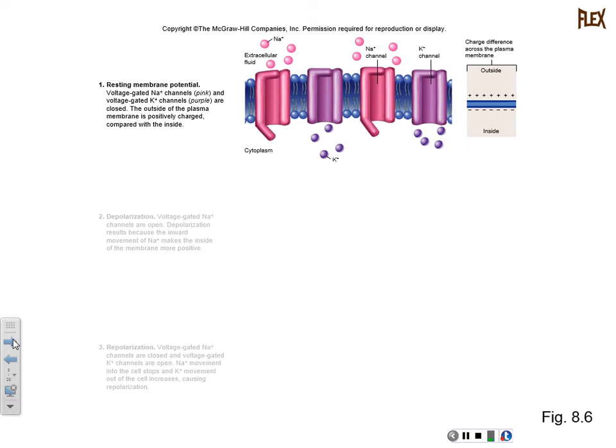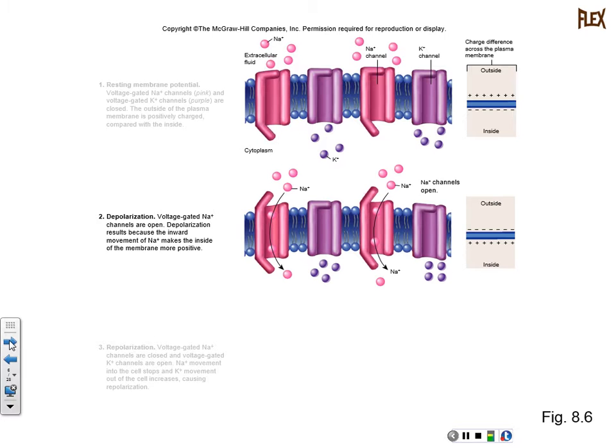At the end, we have to use the sodium-potassium pump to change the concentration again to resting membrane potential, where you have more sodium outside and more potassium on the inside, because the sodium-potassium pump will pump 3 sodium outside and 2 potassium to the inside. All right. So at rest, you have the inside more negative, the outside more positive, right? We haven't stimulated the voltage-gated channels yet.